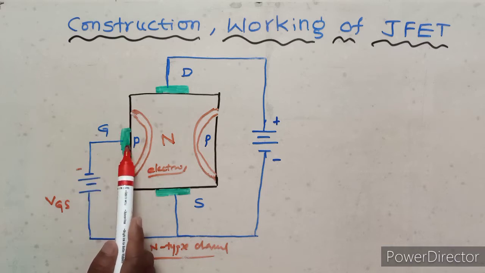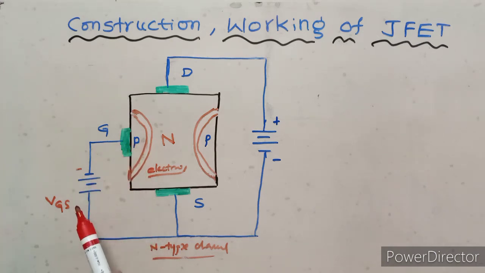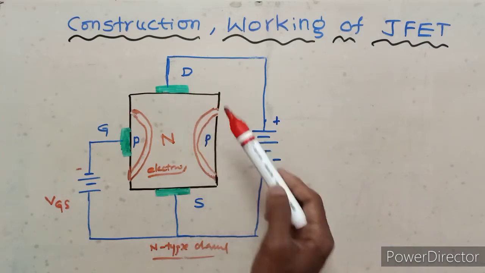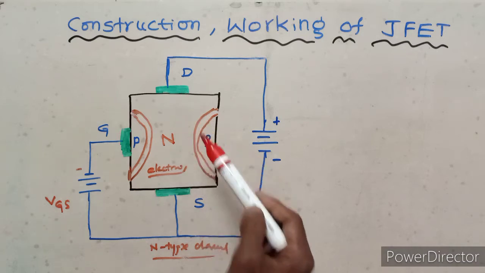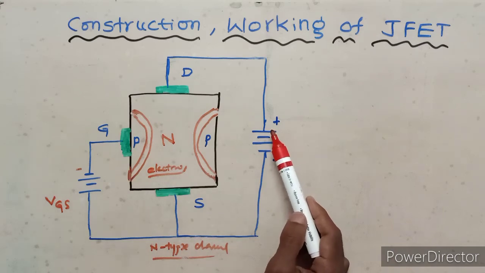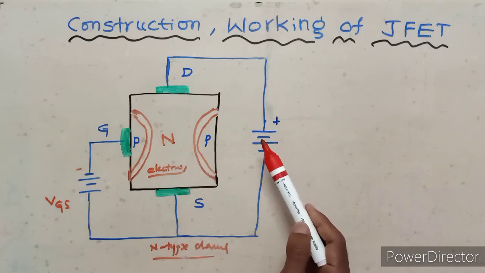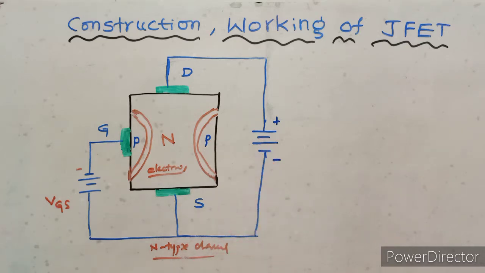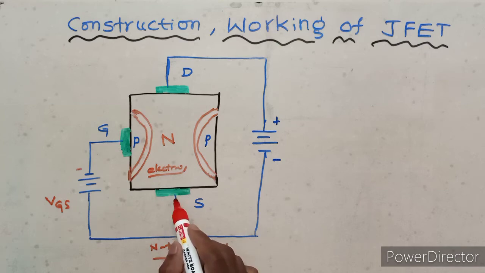The gate is reverse biased, connected to the negative terminal of the battery. This is very important. This is the N type channel JFET. First of all, the source terminal is connected to the negative terminal of the battery.